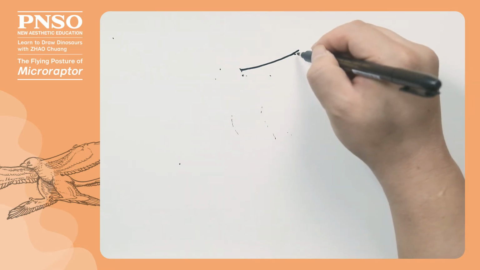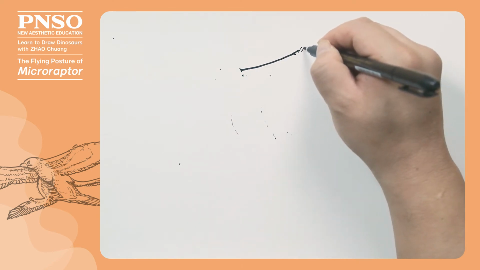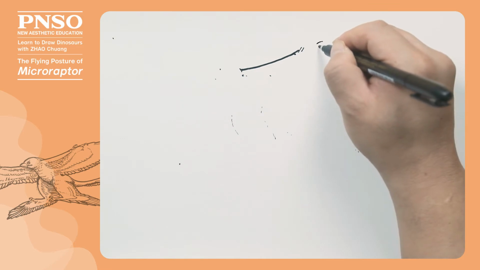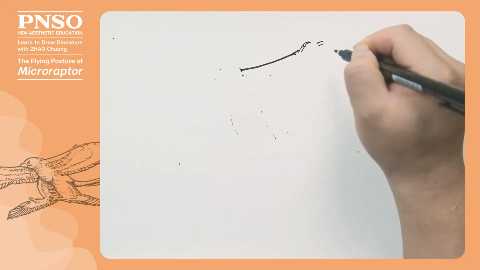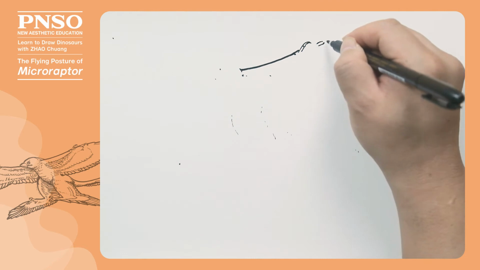Its hand had 3 fingers, and we can see the first 2. We draw the end claw of the first finger and the second finger.